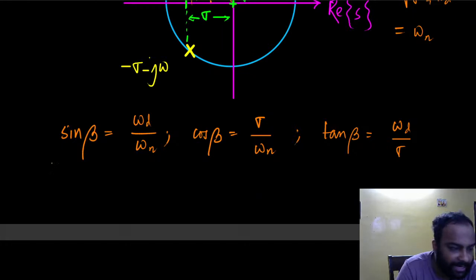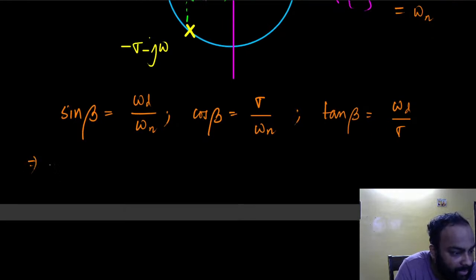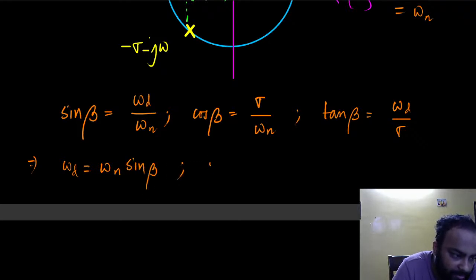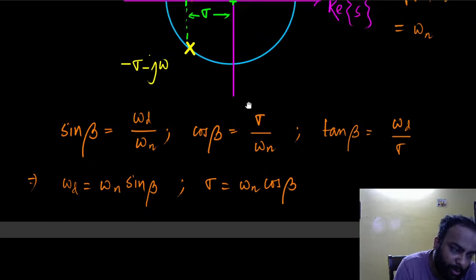Now with that said, I can write omega d to be equal to omega n sine beta, and sigma to be omega n cosine beta. Omega d is omega n sine beta, sigma is omega n cosine beta.